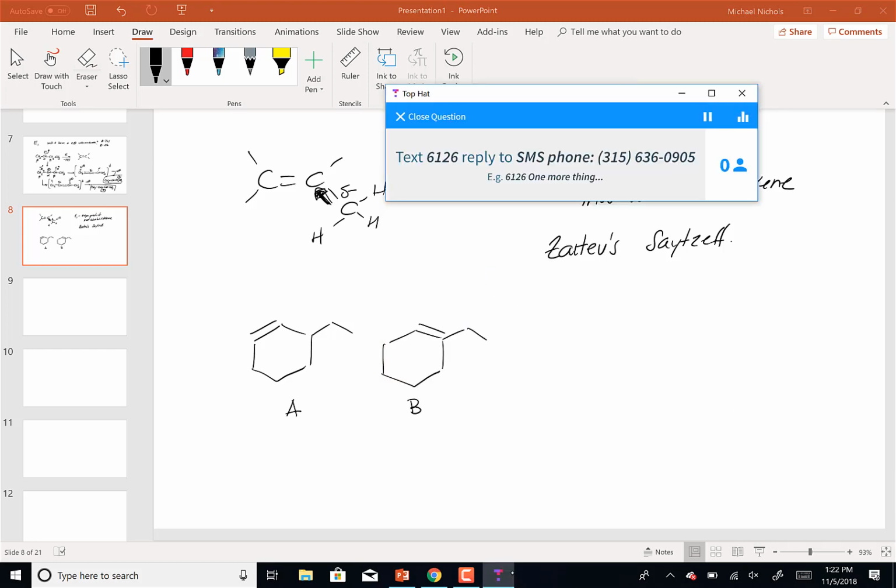So let's see. Of these two, which one's the more stable double bond? A, B, and if they have the same stability, use D. Because I've got a C coming. I've got another molecule for C. What's more stable, A or B, or they're the same, D?